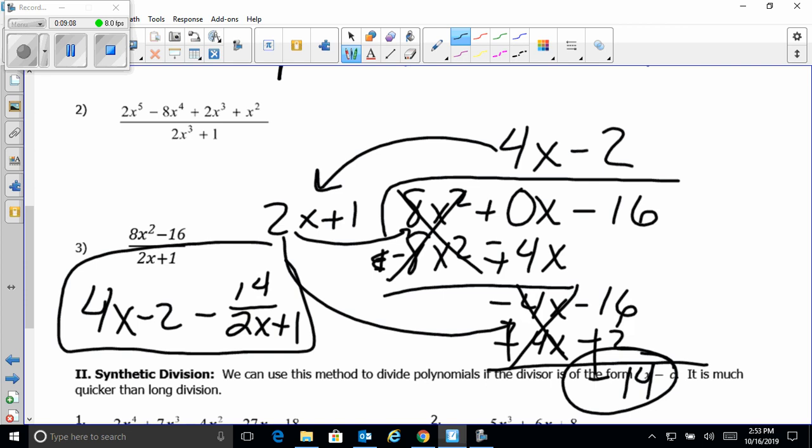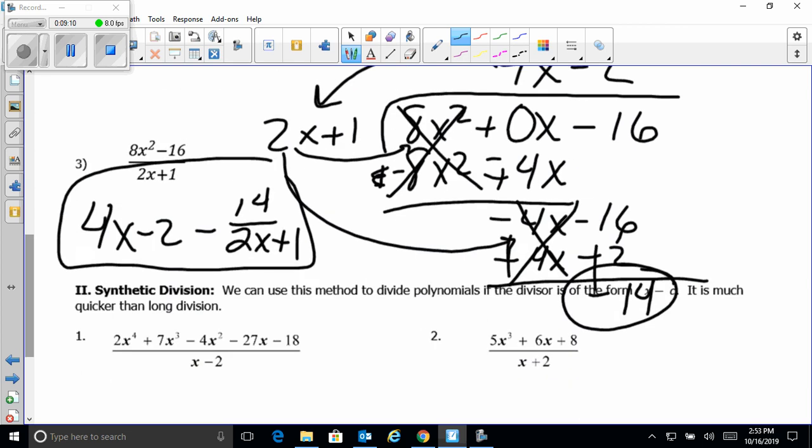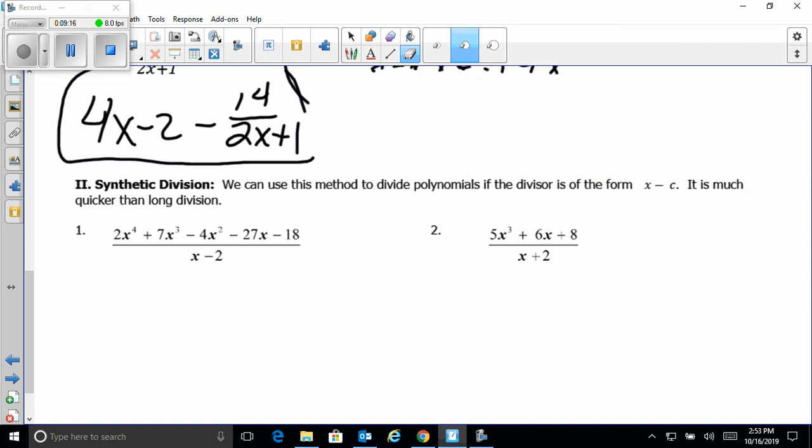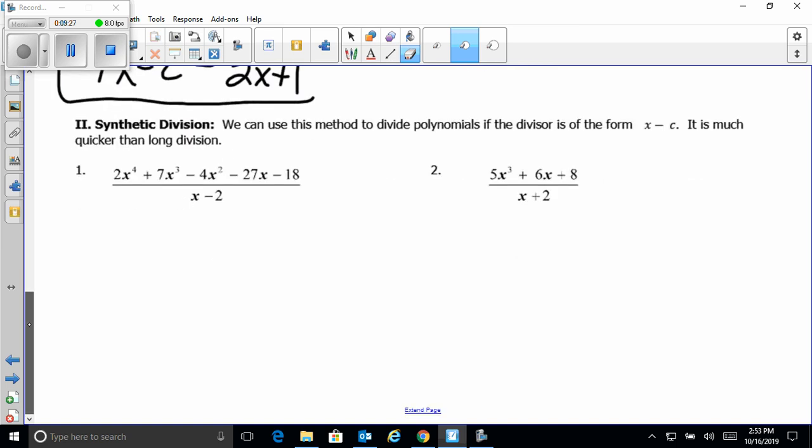Now, synthetic division we can use as long as our denominator is linear, which in both of these examples it is. You also want to make sure that you have it in the form of x minus c, meaning that if there was a number in front of x, you would have to divide the constant by that. So that you can do synthetic division.